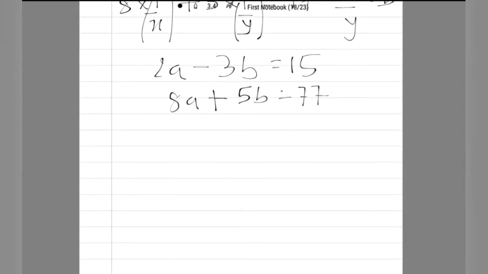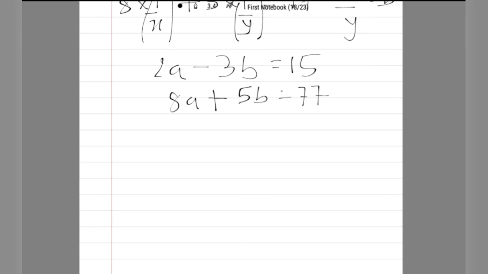After that we have to just get the values of a and b from these equations, so that we can get the values of x and y. Now we will get the values of a and b by using any of the methods we learnt before, that is using substitution, elimination, or we can use Cramer's method also.